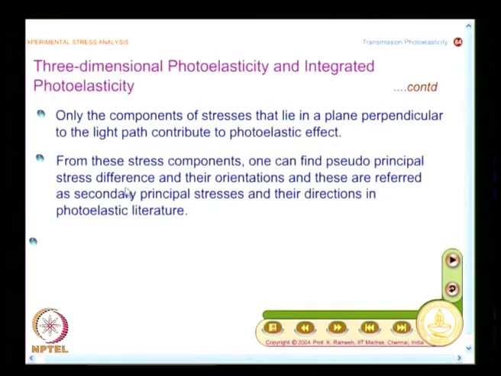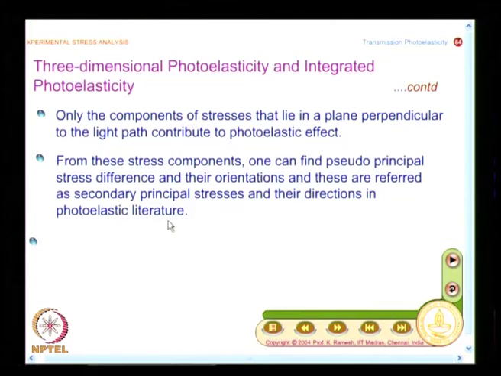So, I will essentially get only pseudo principal stresses in a plane perpendicular to the light path. And in order to distinguish this from conventional understanding of principal stresses, these are referred to as secondary principal stresses and their directions. This is well understood and established in photoelastic literature.